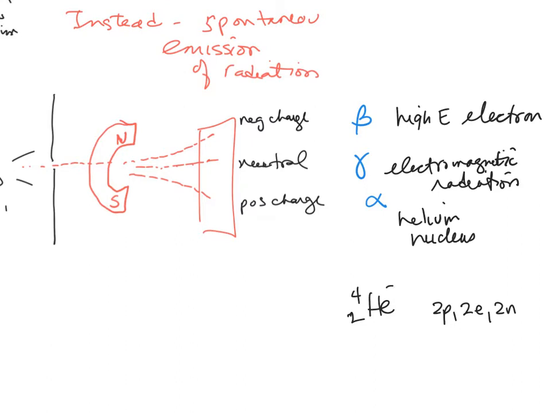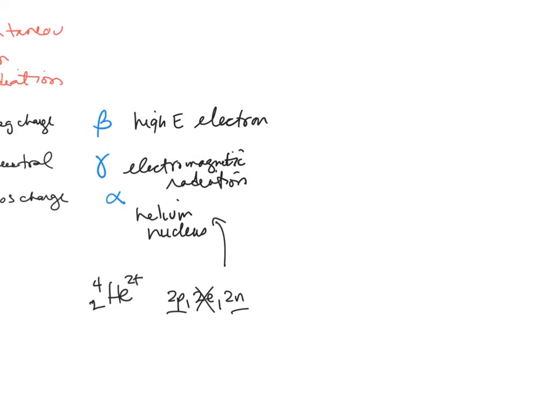But if it's helium 2+, then it's missing the 2 electrons. So this helium nucleus is 2 protons and 2 neutrons with a positive charge. The high energy electron has the symbol e minus, or beta minus, or sometimes you just see beta.